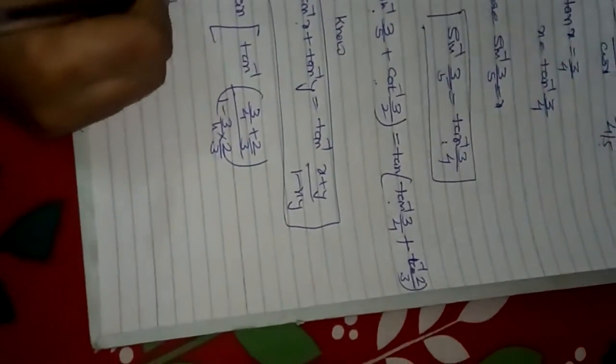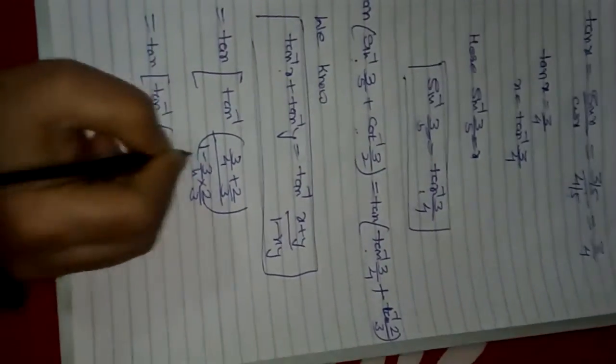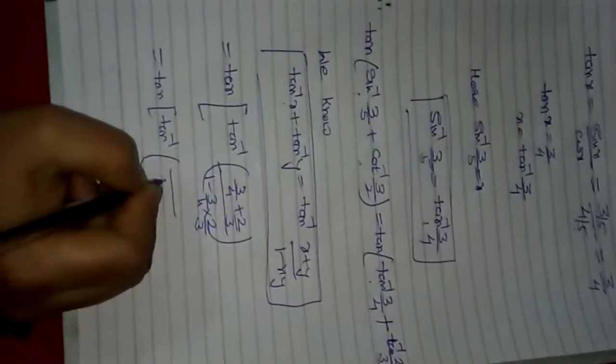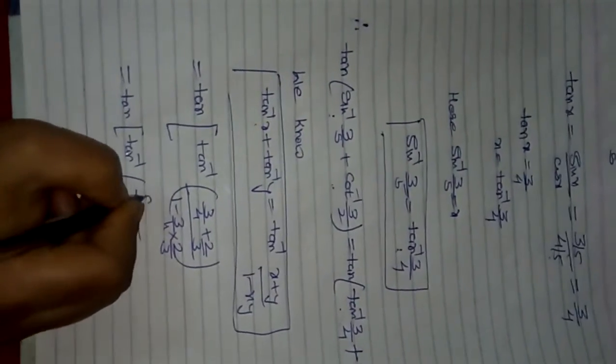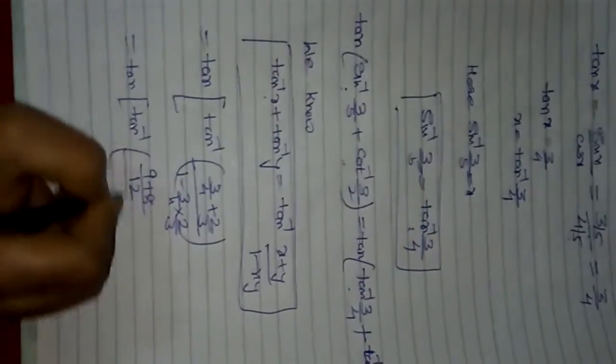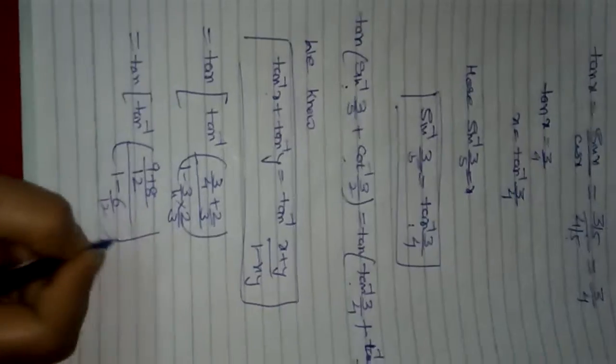So tan of tan inverse, after solving, the LCM is 12. Now here it will come 9 plus 8, and here also 1 minus 6 upon 12.